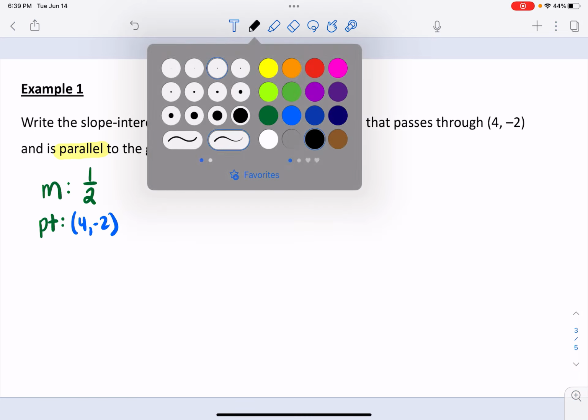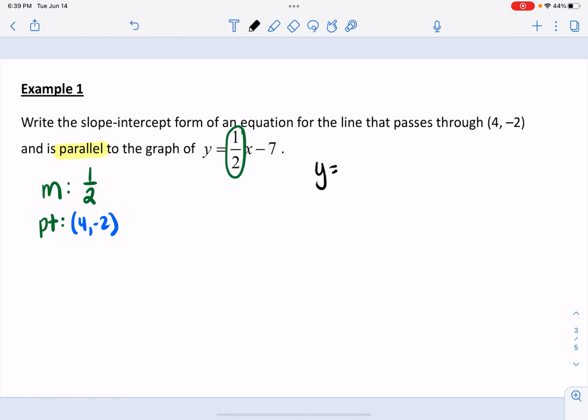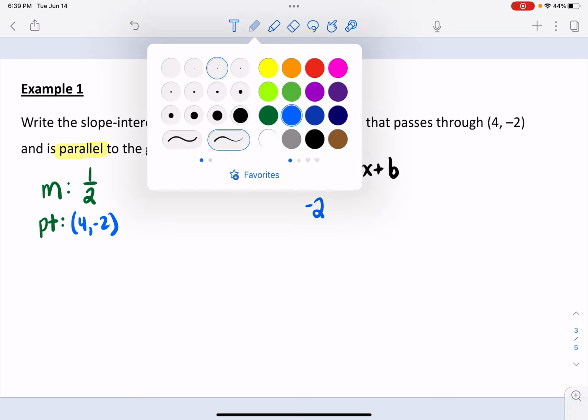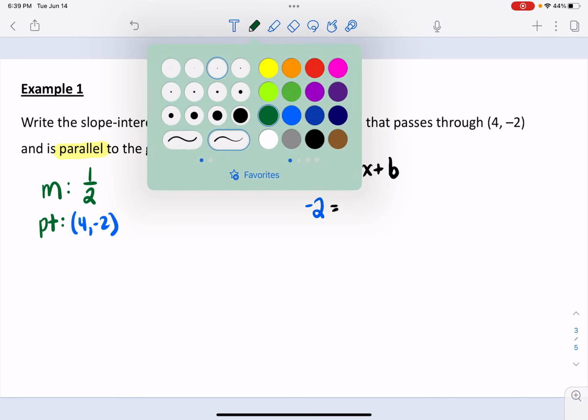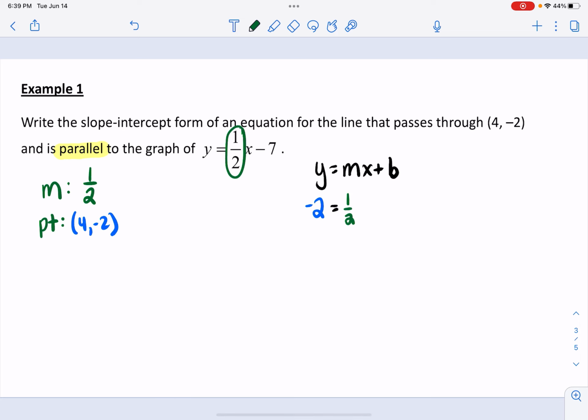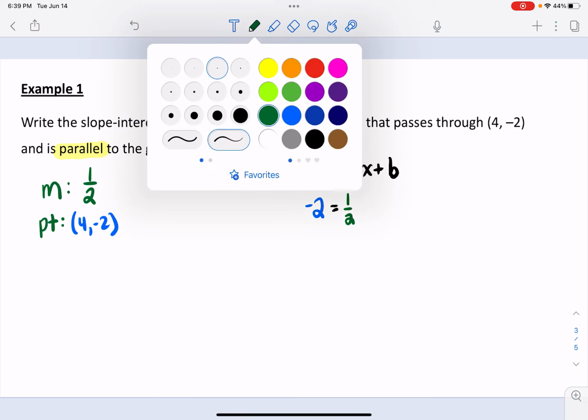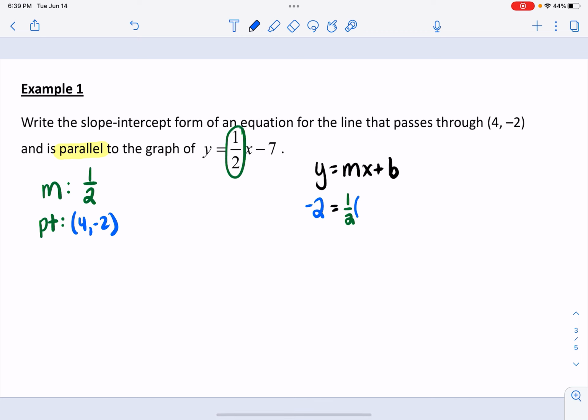Then I start plugging into y equals mx plus b. My y coordinate is -2. My slope is 1/2. My x coordinate of my point is 4.